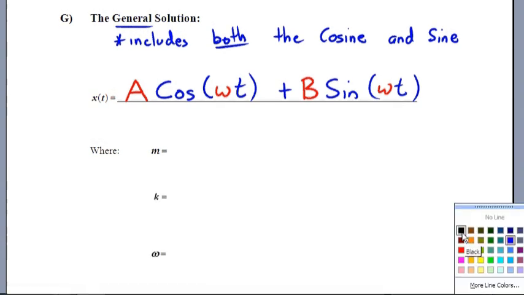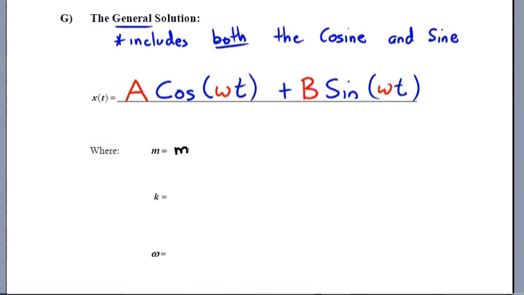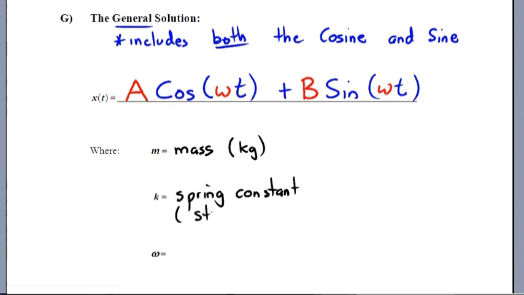First thing, we're going to talk about m as being the mass of the item that's bouncing on that spring. Okay, we're going to measure that in kilograms. The k is the spring constant from Physics 11. It's really a measurement of the stiffness of the spring. A stiffer spring has a higher spring constant.